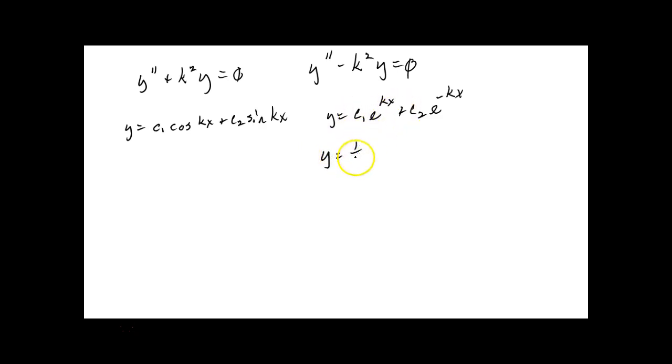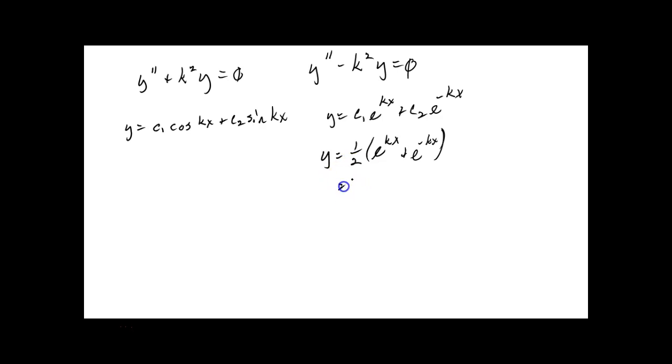If both C1 and C2 are 1/2, then what we have here is e to the kx plus e to the minus kx over 2, which, if I'm not mistaken, is the hyperbolic cosine. Yes. Now, if, however, C2 was negative, then you'd have hyperbolic sine.